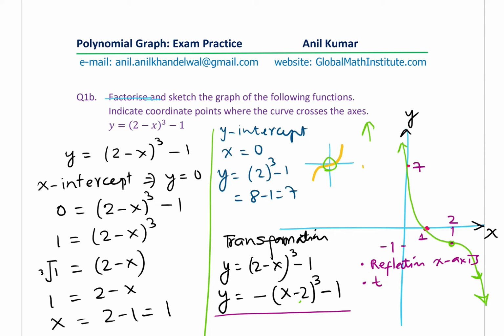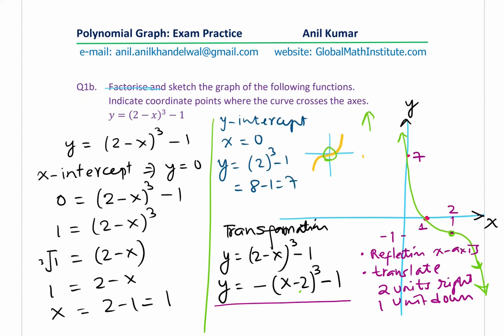Second, we have to translate 2 units right and 1 unit down. Is that clear to you? That is how we are going to sketch this particular graph.